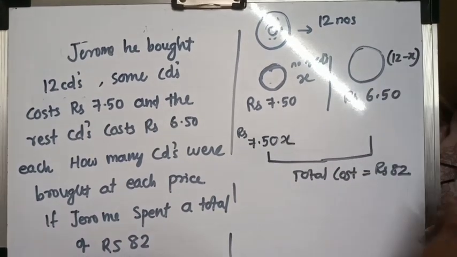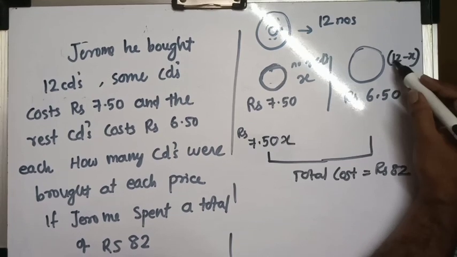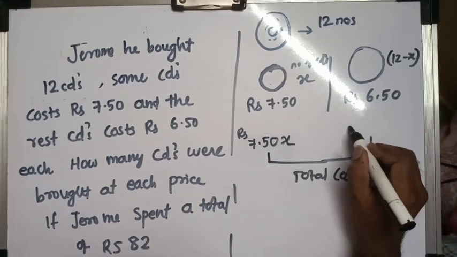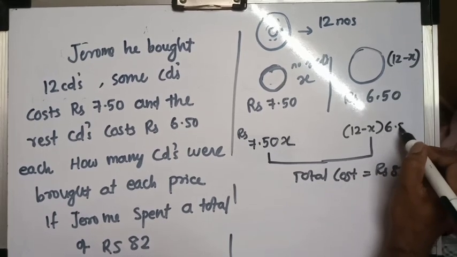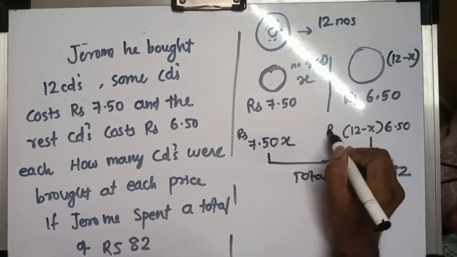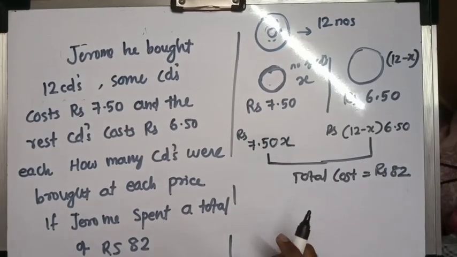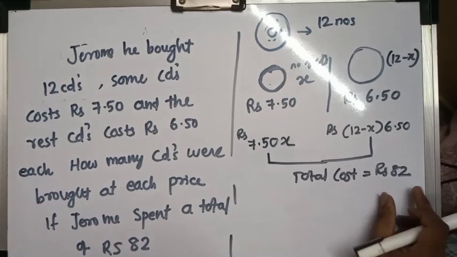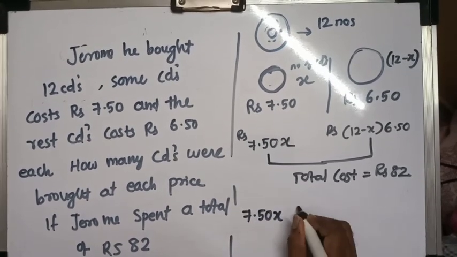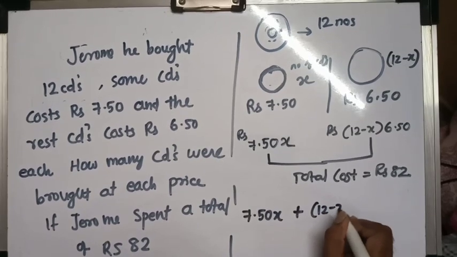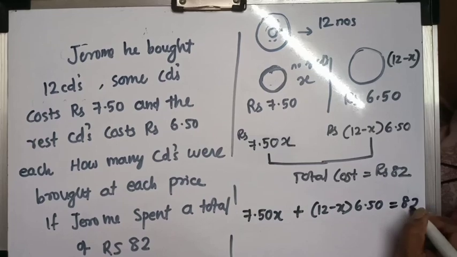For the big CDs, if one CD costs 6.50 and I buy 12 minus X CDs, then 12 minus X into 6.50 will give the total cost of these CDs. And I add this, it becomes 82. So 7.50x plus (12 minus X) into 6.50 equals 82.